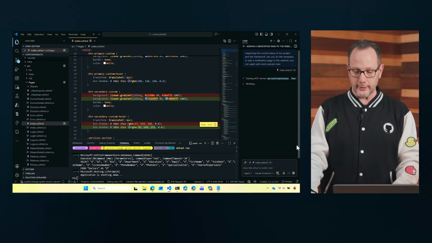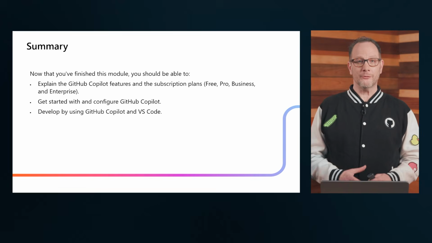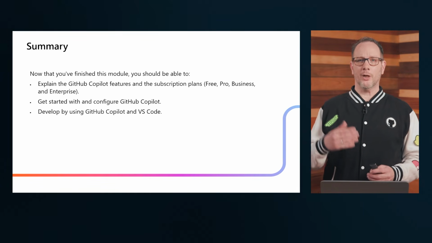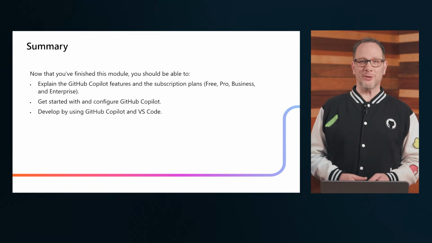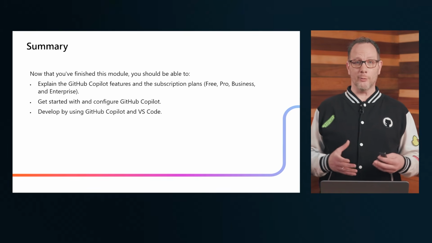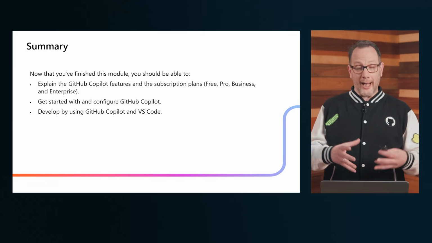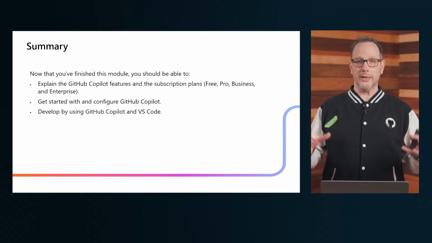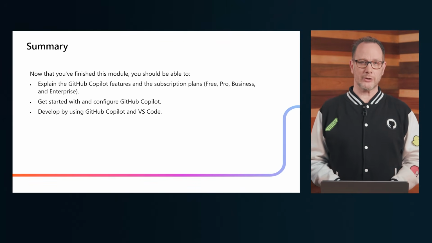So in this final summary slide, I'll bring together the key lessons from the module. So by now, you've learned not only what GitHub Copilot can do, but how to use it effectively in your real engineering tasks.